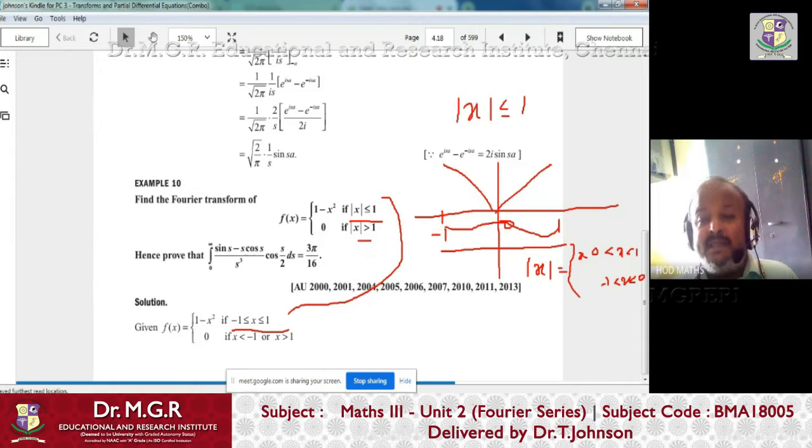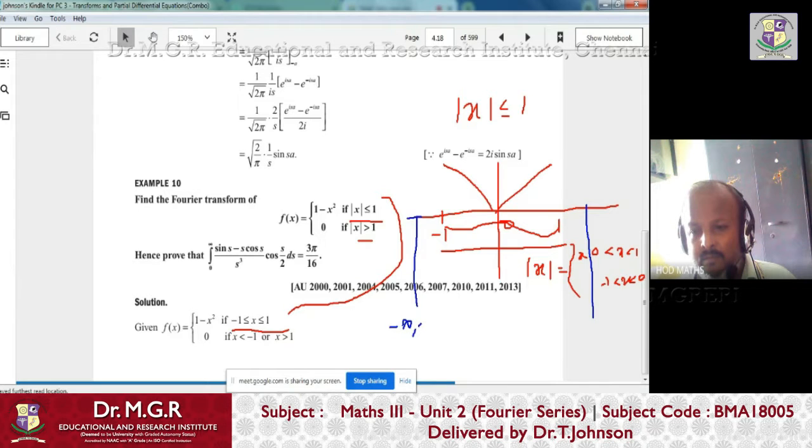Then what is mod x greater than 1? Mod x greater than 1 means exactly the complement area. Apart from that area, all the other area is covered. All the other area means this area as well as this area. What is this area? This area runs from minus infinity to minus 1, and this area moves from 1 to infinity.